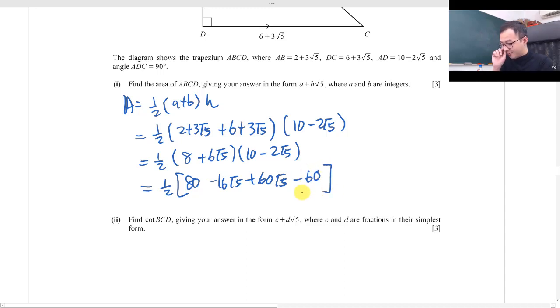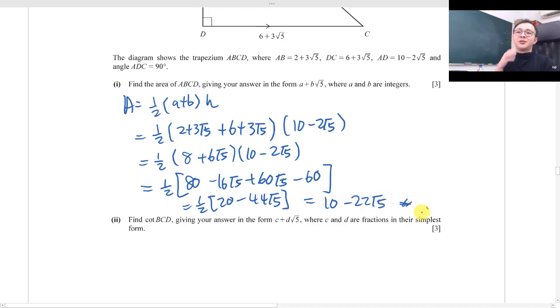I guess I didn't make a lot of mistakes here. So this is half of 20, and then minus 44√5. So my final answer is 10 minus 22√5. Should be quite simple for this one.